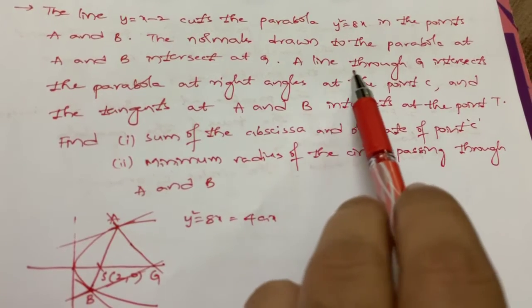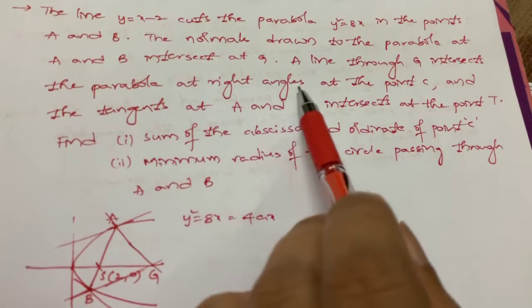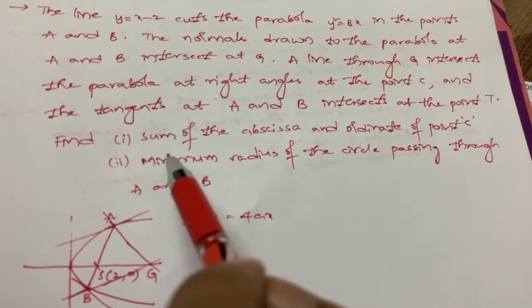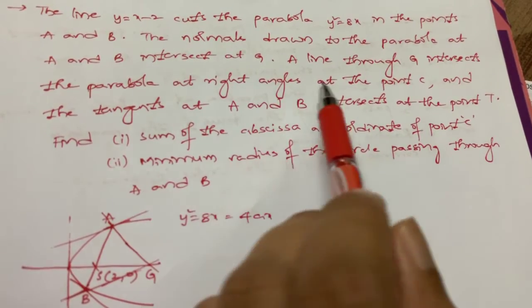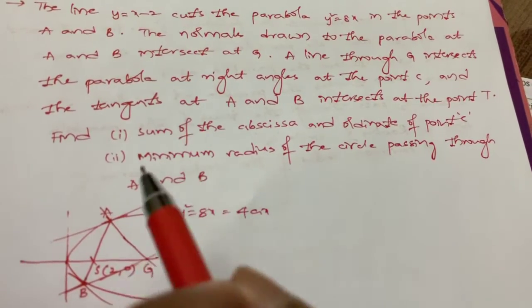It means the line you are drawing is a normal. If I draw a tangent at that point, the line drawn through GC should be perpendicular. So GC is normal, and the tangents at A and B intersect at point T.